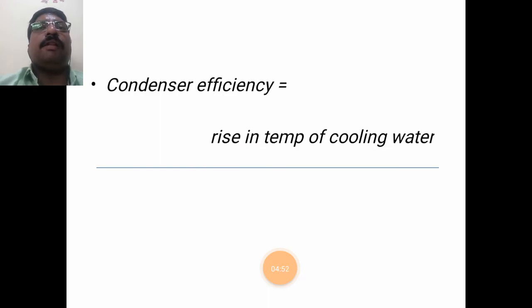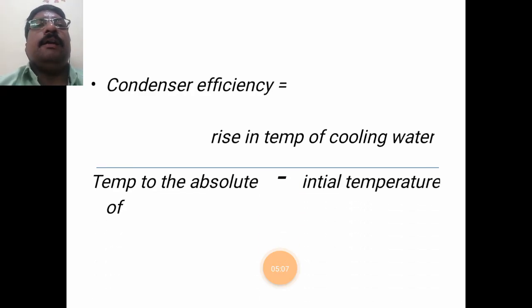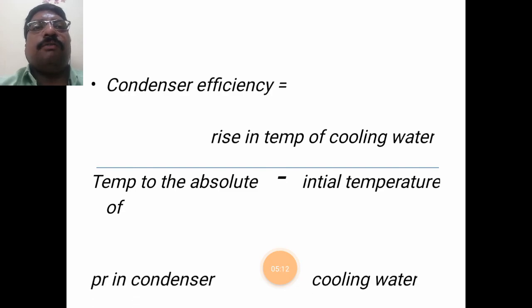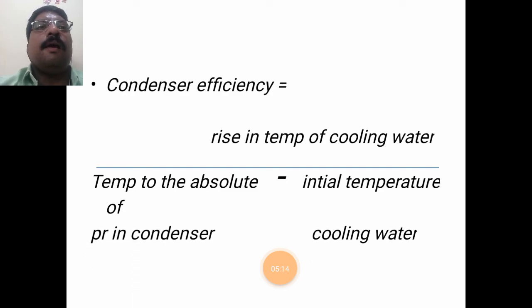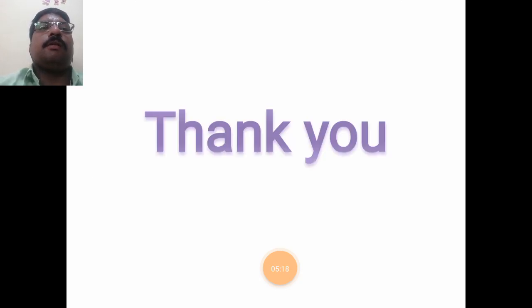Whatever the cooling water supplied, the initial temperature is very low, and after leaving the condenser, the temperature is high because the heat was absorbed by the cooling water during the condensation process. The denominator is the temperature corresponding to the absolute pressure in the condenser minus the initial temperature of the cooling water. Okay, thank you.